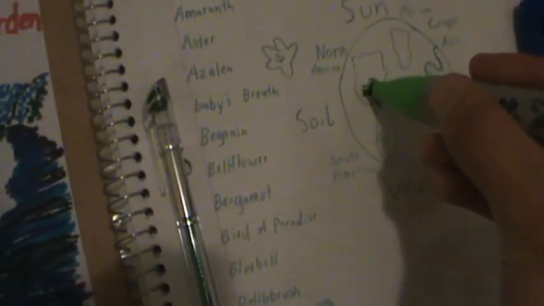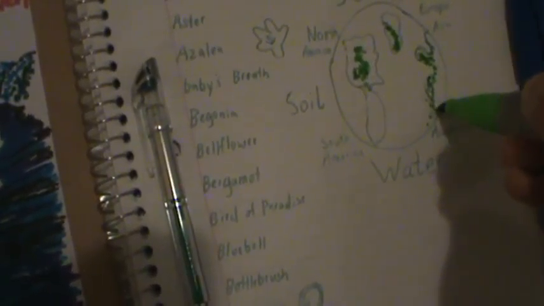Let's go ahead and use the green right here to color in parts of North America. If we've gone to other countries and seen different types of flowers, I would say there would probably be a few dozen interesting flowers to see.